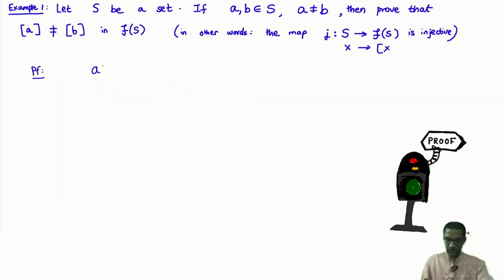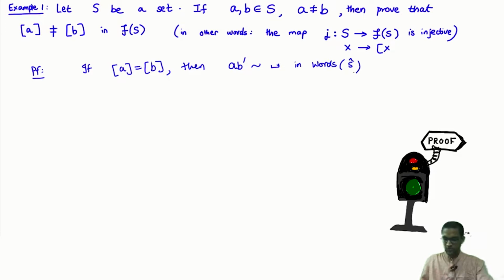Recall from the hint that this is what we assumed, that we proceeded by contradiction. If we assume that A equals B, then we concluded that AB prime, this word, is equivalent to the empty word. This is of course thought of as words in the augmented alphabet S hat. Now, why is this a contradiction?